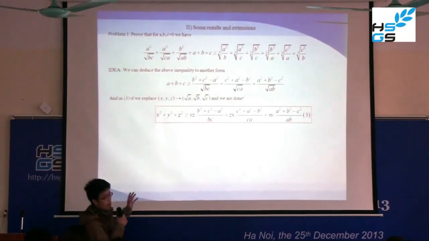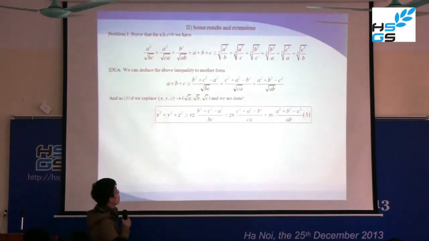From now on, the inequality in the red box is the main or core inequality to solve our desired inequality. In the boxed inequality, if we replace x, y, z by square root of a, square root of b, square root of c, we can easily get the proof.